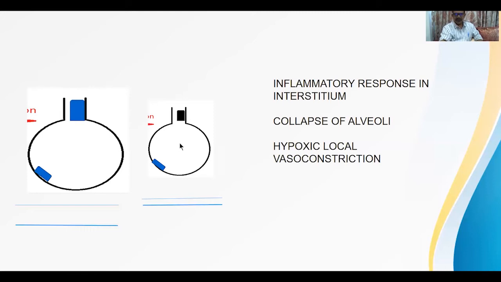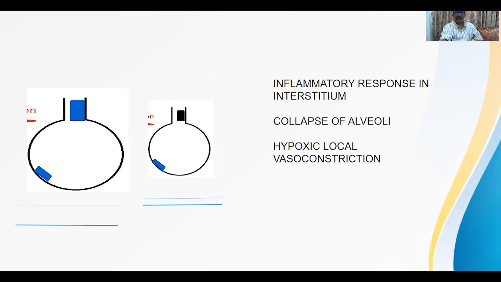This low alveolar PaO2 in this alveolus is actually affecting interstitial PaO2. Interstitial PaO2 comes down. That is sensed by mitochondria in smooth muscles in the wall of the vessel. Once they sense this hypoxia, potassium channels are blocked. Calcium channels are opened. Calcium enters the smooth muscle cell and that leads to contraction.